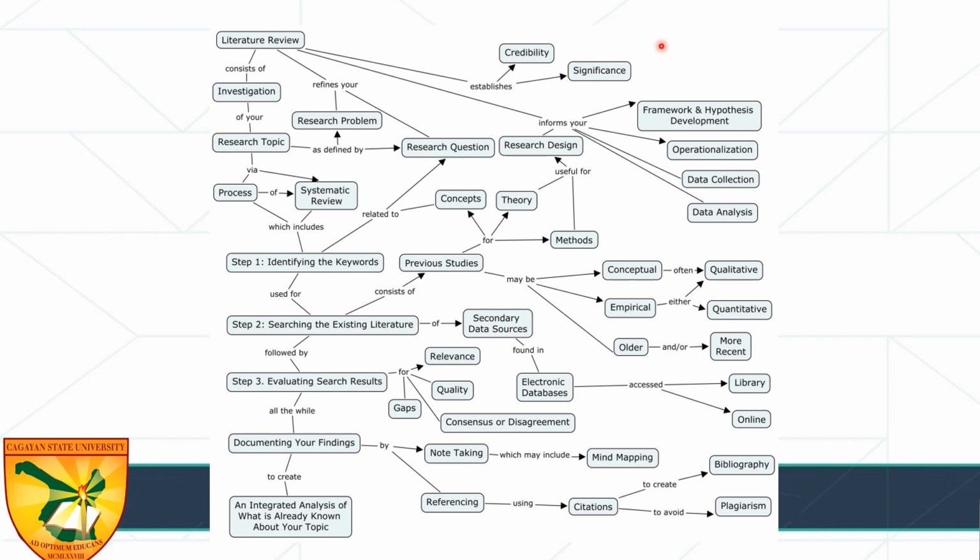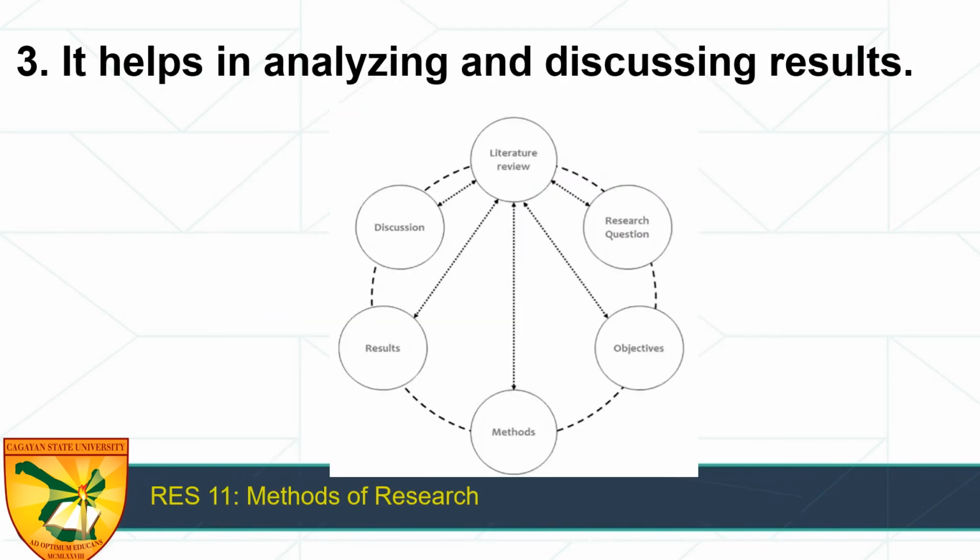So again, existing problems and weak points of the study lead to the proper procedure and highlight the importance of the investigation. And third, it helps in analyzing and discussing results. I discussed it a while ago. They help and guide the researcher in making comparison between his findings and the findings of other researchers on similar studies.